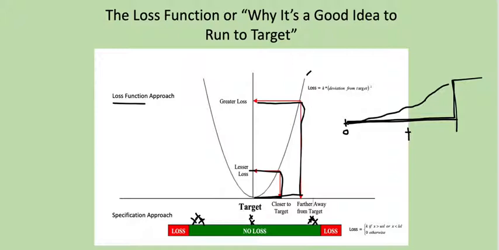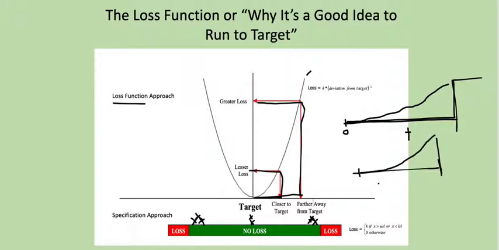Another good example would be if you're going out and having beers or something like that, and you want to be careful about drinking and driving. Well, there's a legal limit here for intoxication, but the fact of the matter is, impairment starts as soon as you have those first drinks.